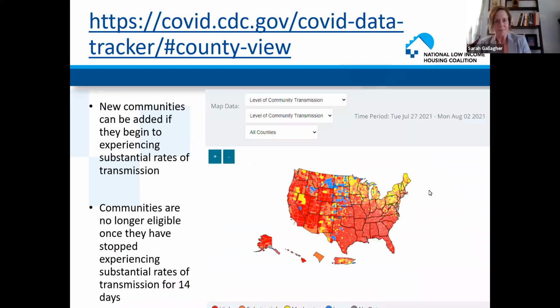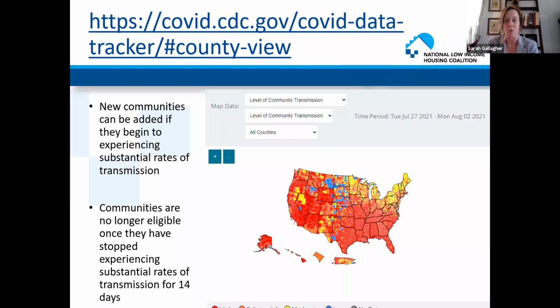With the new order, the CDC has provided a link to a map that shows which communities are experiencing substantial and high rates of transmission, which will be extremely useful as we move forward and into October. It should be noted that new communities can be added if they begin to experience substantial rates of transmission.